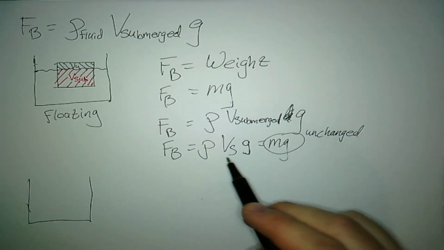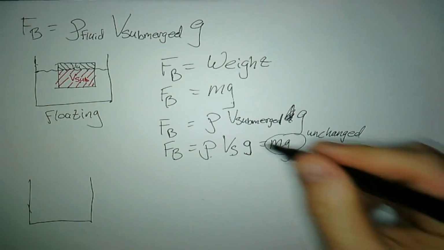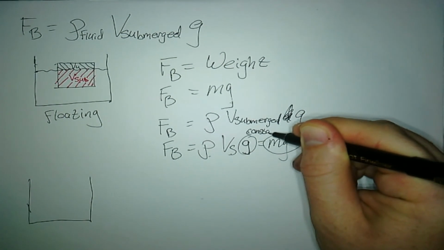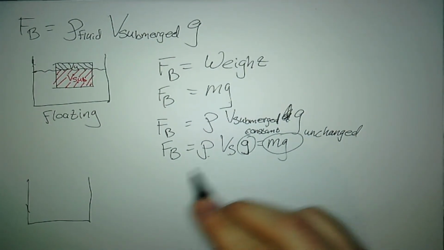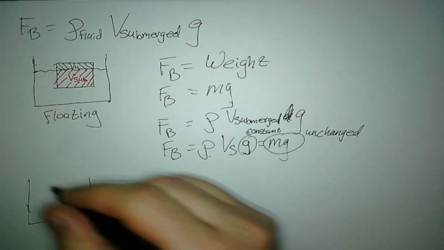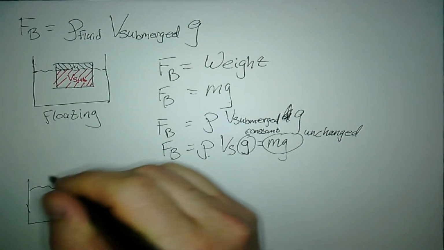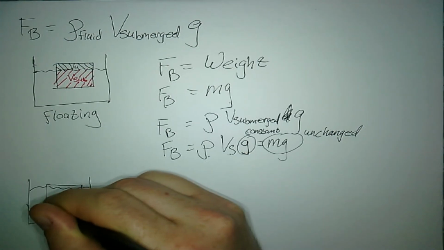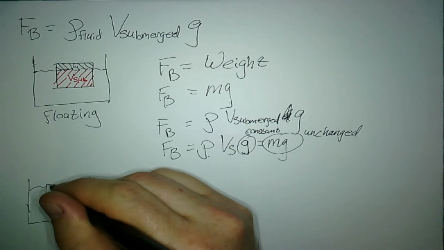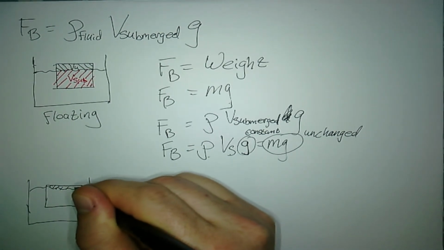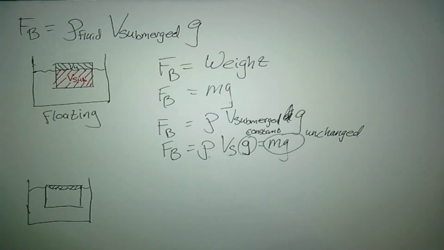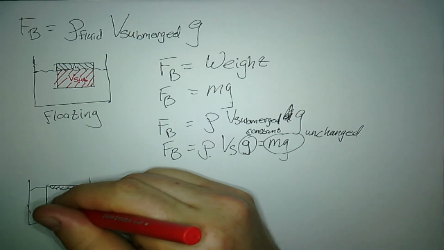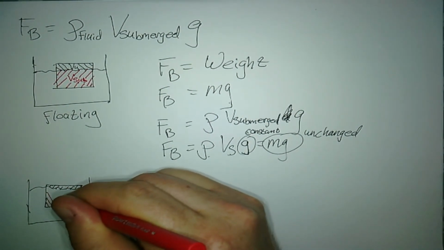What will change, though, is these two terms. This is also unchanged, right? Constant, let's just say. So these two terms are going to be what changes. So we're going to see something that would look maybe more like this. You get your unsubmerged volume up here and your submerged volume down here, right?